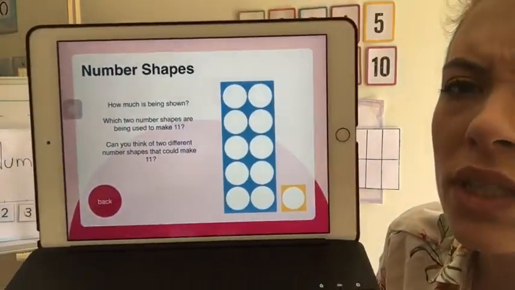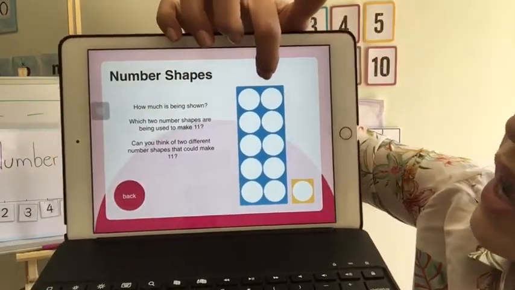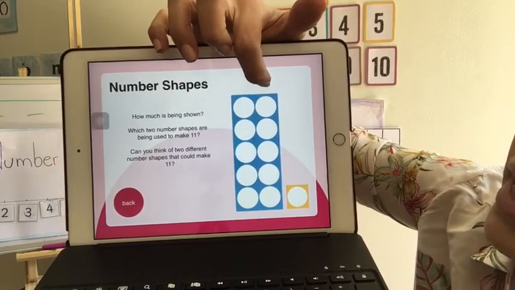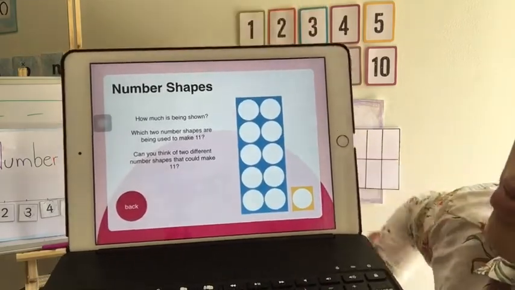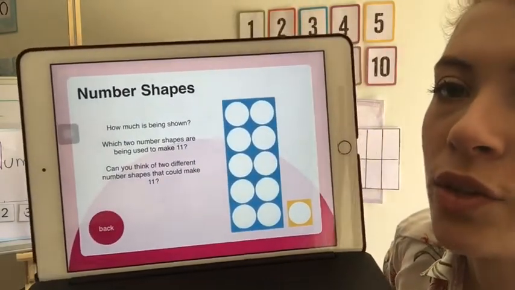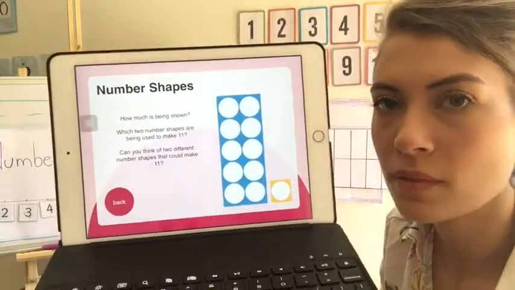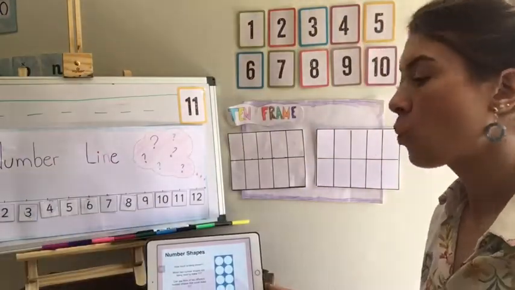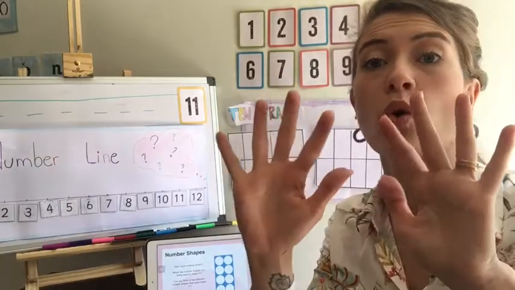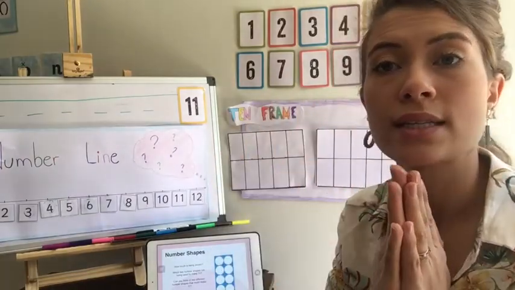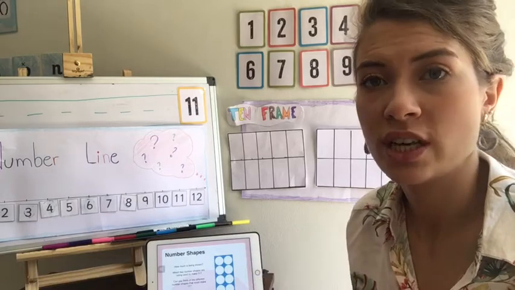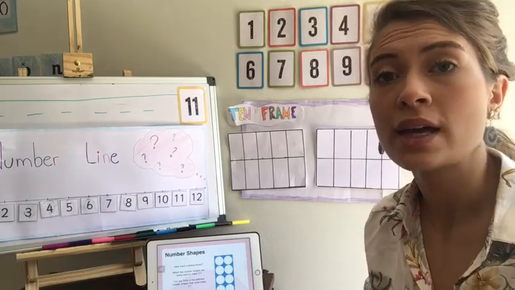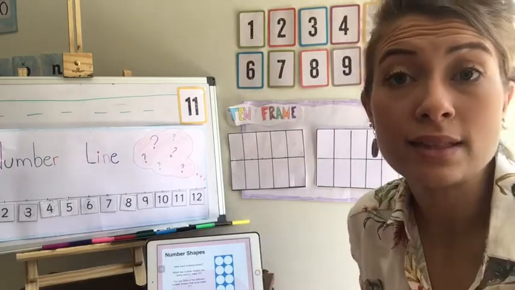And what is going on over here? Why is it represented by this big shape over here? Do you have an idea? When we talk about the number 11, we know 11 is more than 10. And one of the representations that we use in math is to count by tens.